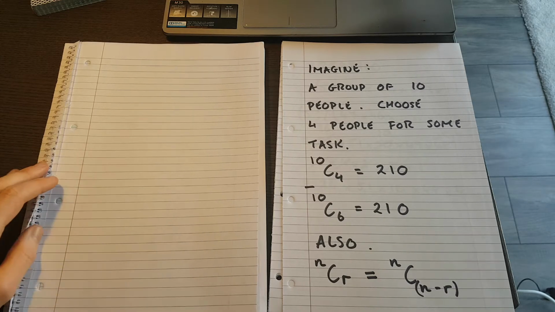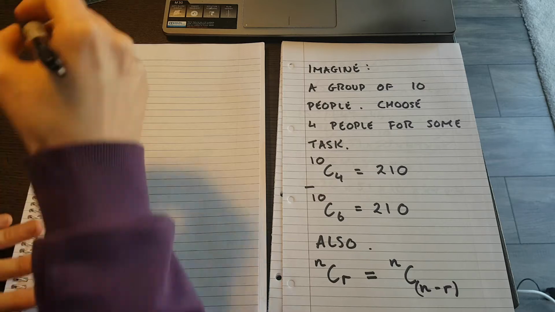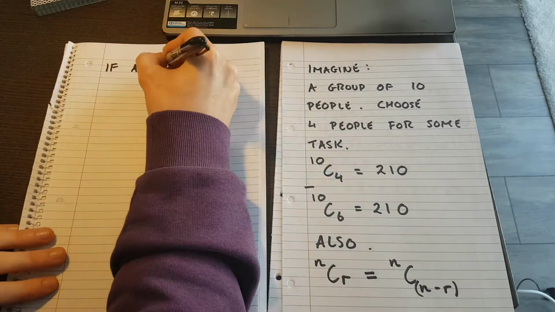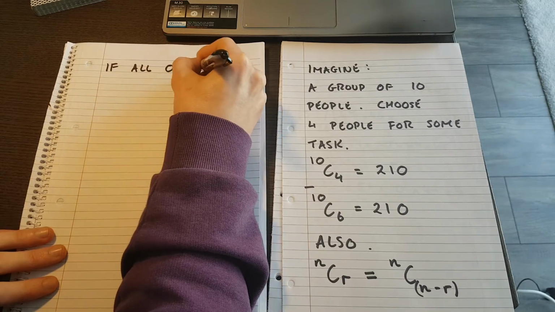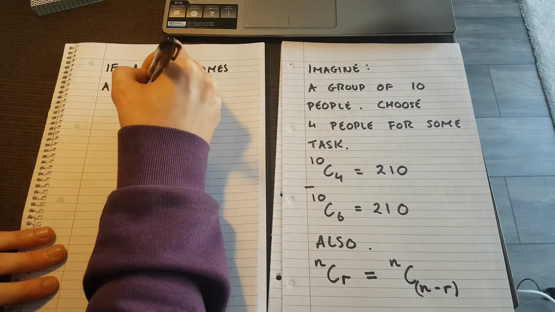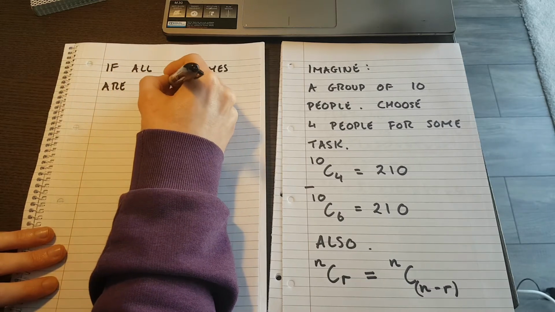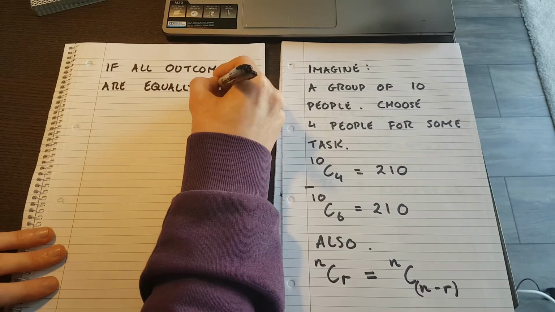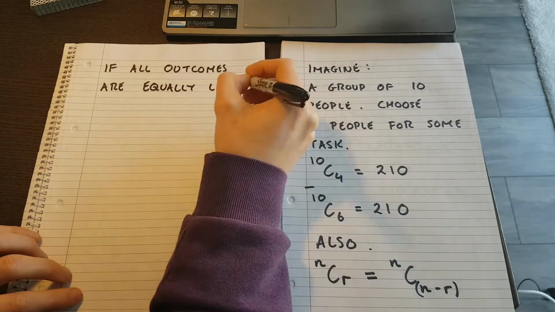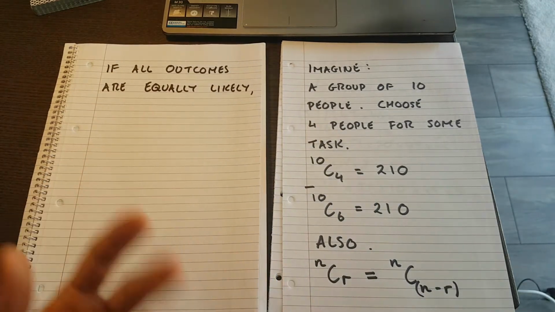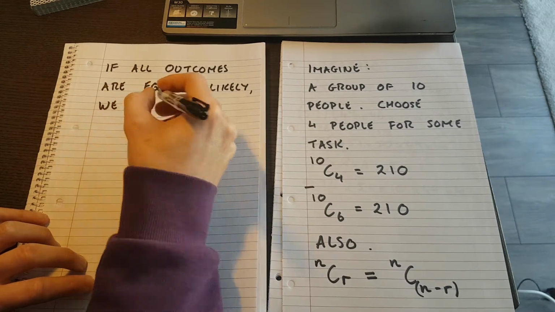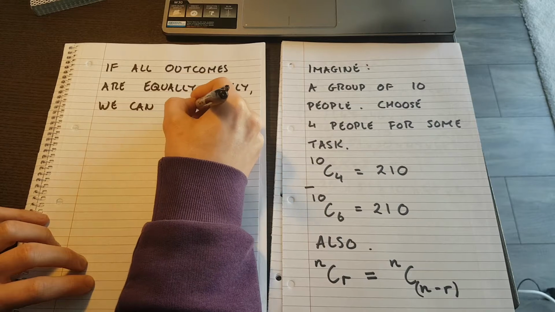So suppose, for example, that all outcomes are equally likely. Then we can discuss probabilities.